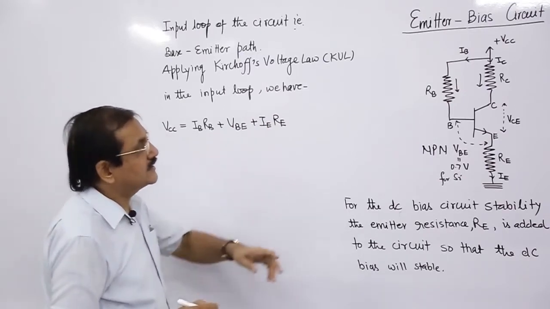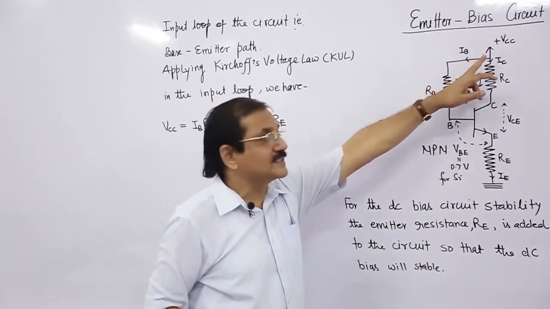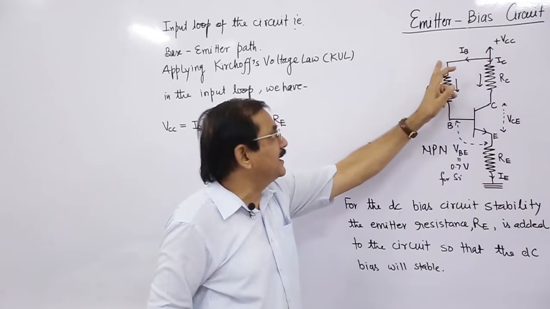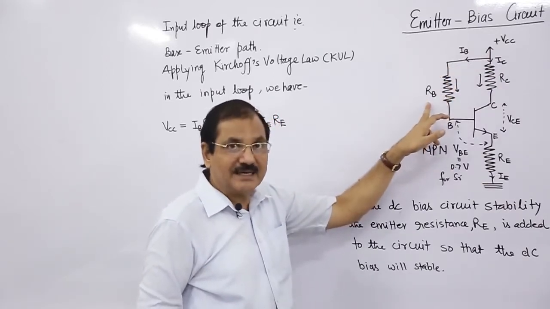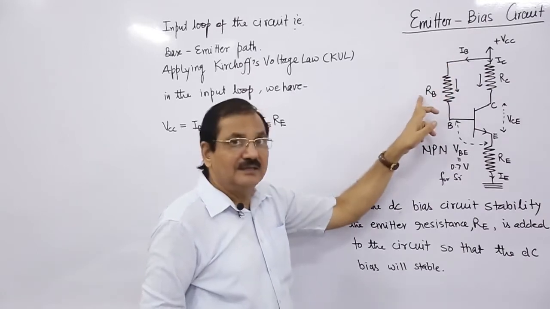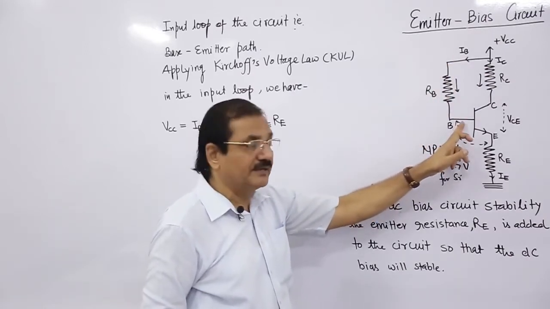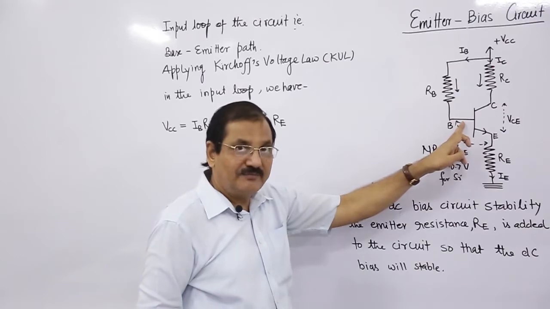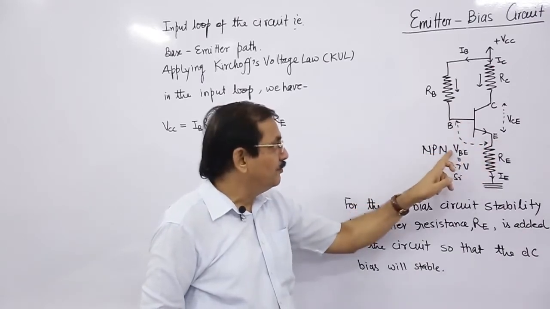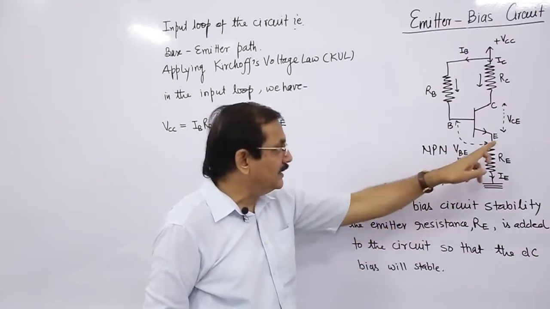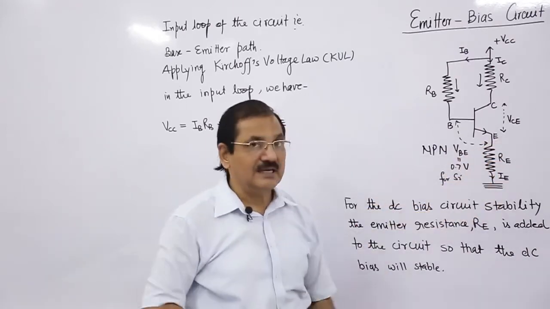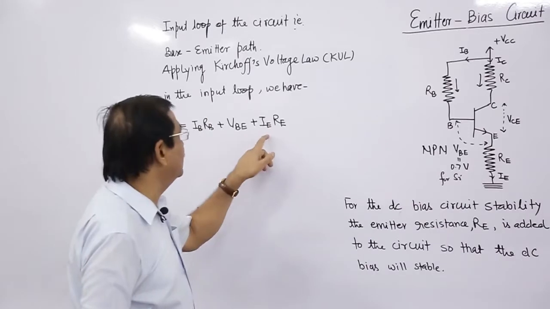This means from this voltage the current IB is flowing. So, the potential drop across RB is IBRB, then the potential drop between the base and emitter terminals is VBE, that is 0.7 volt for silicon, and then IERE for the emitter.